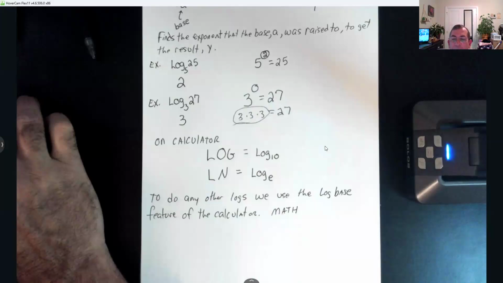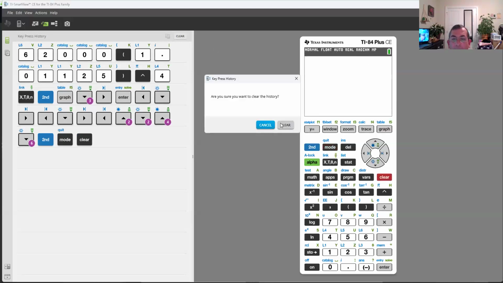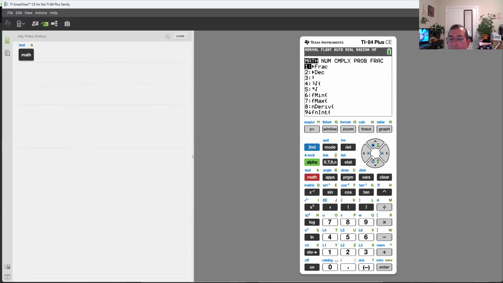So let me quit this screen. So you hit Math and you arrow down until you get log base. When you highlight log base and hit enter, it brings it on the screen. You'll put in the little base.